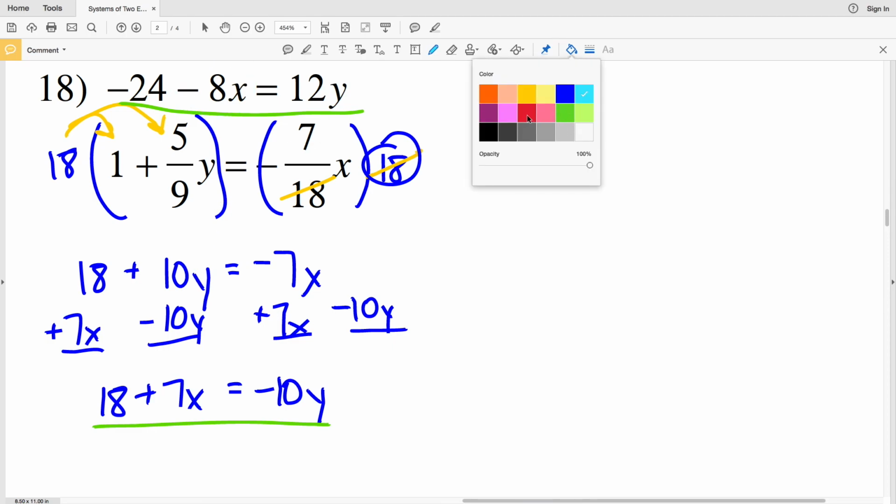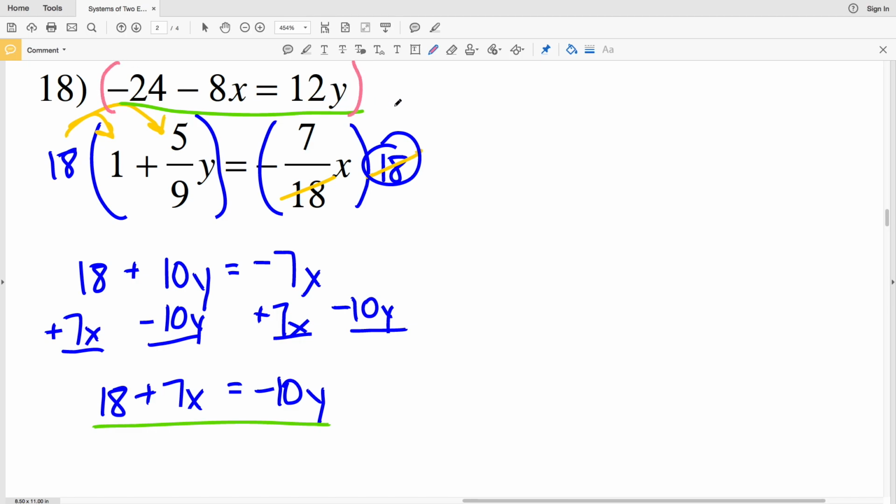So if I was to multiply the top equation by 7 and the bottom equation by 8, in this first equation, negative 24 times 7 equals negative 168, and then I'll be subtracting 8x times 7, which is 56x, and that will equal 12y times 7, which is 84y.